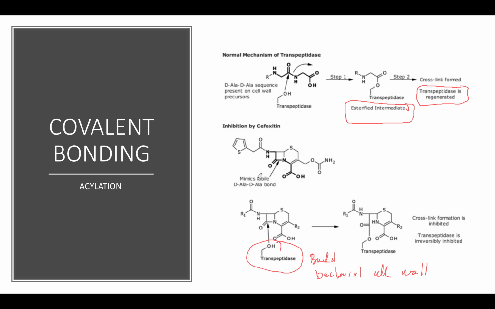In the presence of cefoxitin, however, because cefoxitin and the other beta-lactam antibiotics actually mimic the D-alanine sequence, the transpeptidase is going to attack at this electrophilic position, so it's going to form a covalent bond with the beta-lactam antibiotic. However, there is no possibility of forming a cross-link, and the enzyme is covalently bound to the beta-lactam antibiotic.